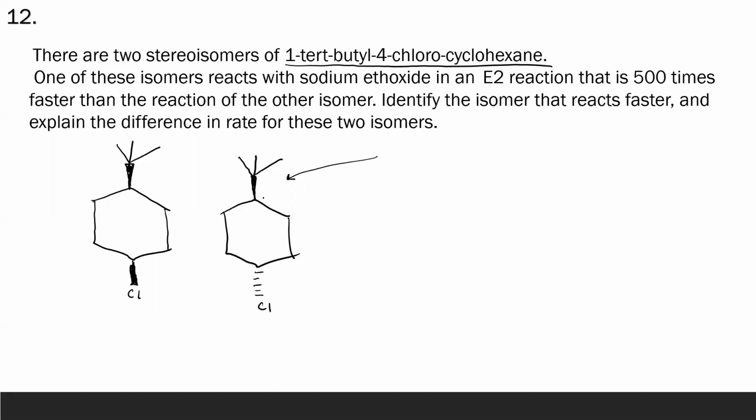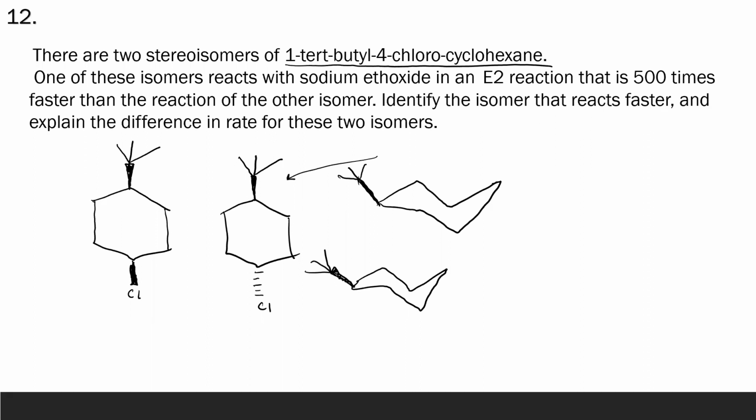The reason is that when we draw out our chair configuration, tert-butyl is going to be very unstable in the axial position. So it's going to occupy only an equatorial position because of the steric interactions. So in both cases, we're going to have the tert-butyl group in the exact same spot.